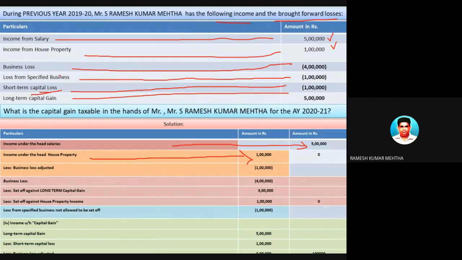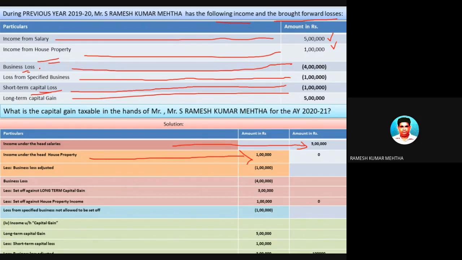Now let's talk about business loss. As I told you in my earlier classes, business loss can be set off against normal business. I assume this is a normal business. This normal business loss can be set off against normal business income. However, there is no normal business income. But there is income from house property.